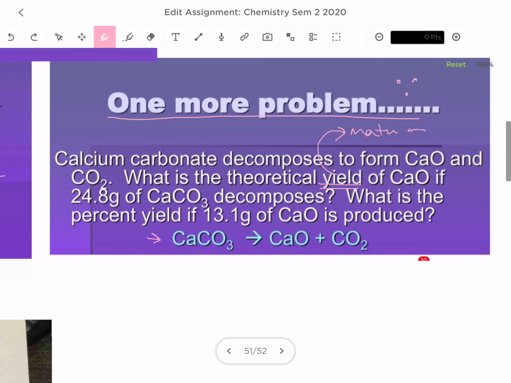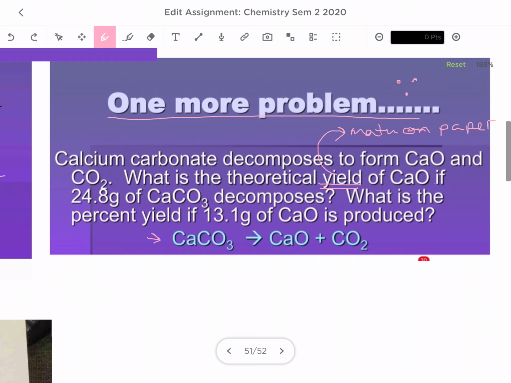How much can I get from doing the math on the paper of CaO if I start with 24.8 grams of CaCO3? It says, what is the percent yield if, here is my actual yield, 13.1 grams of CaO is produced, like produced in lab? So that's your actual yield, and we have to figure out the theoretical yield.